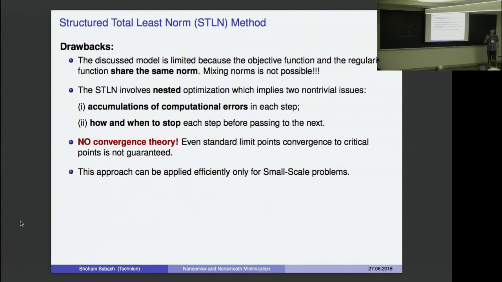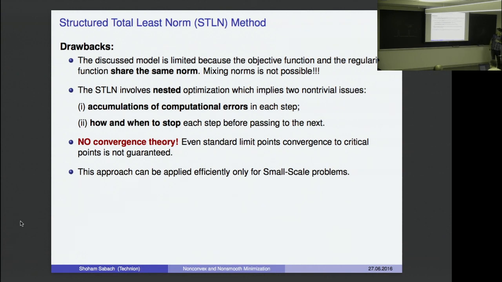I know that we are dealing with non-convex, but even critical point convergence was not proved. And from the applied point of view, their problem cannot be applied to large-scale problems because they need to solve at each iteration a huge-scale linear system of equations. This is a major drawback.